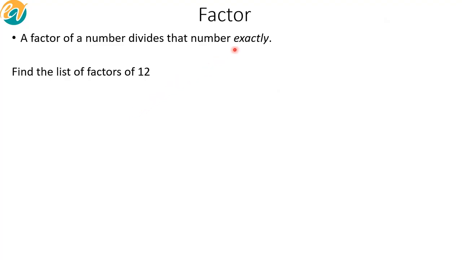What do I mean by divide 12 exactly? Basically, there will be no remainder, right? For example, 2 clearly divides 12 exactly. Why? Because when you divide 12 by 2, you get 6 and the remainder is 0.